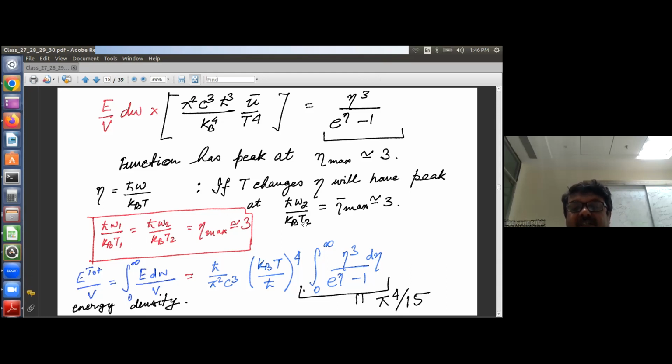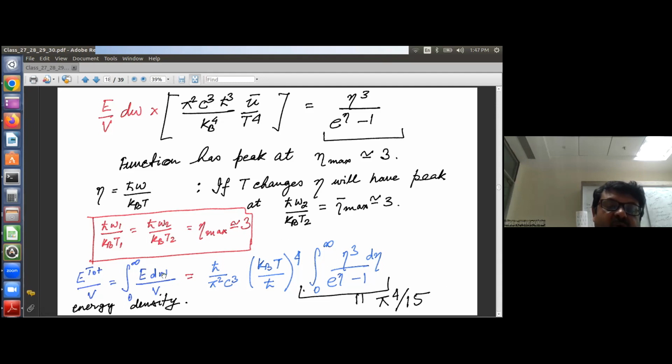So if T changes, omega is also going to change, which is basically Wien's displacement law, right? So h cross omega 1 by kb t1 equal to h cross omega 2 by kb t2, and from here you can get the max value, the frequency at which the intensity is the maximum, right?